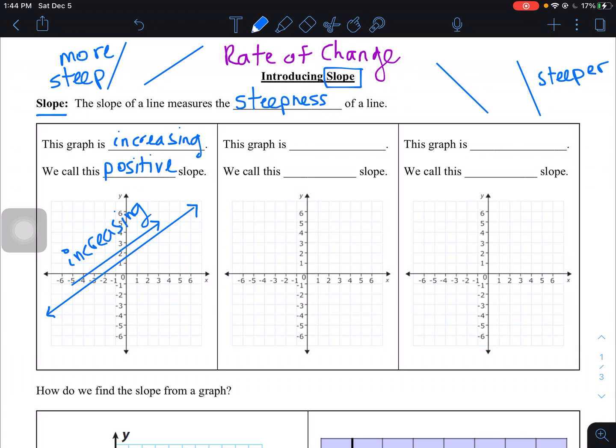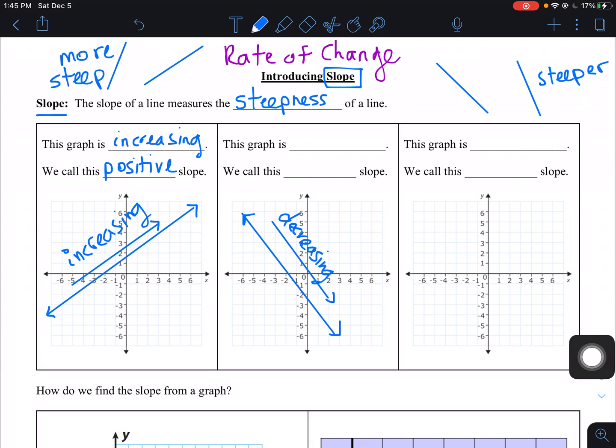So, kind of the opposite to that, if we had a line that's going down like this, well, this line is decreasing. Like you're going down a hill. Increasing, you're going up a hill. Decreasing, you're going back down.